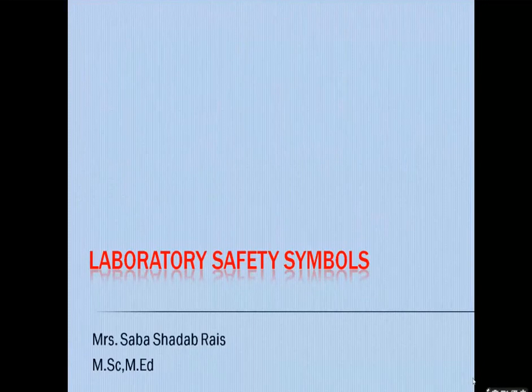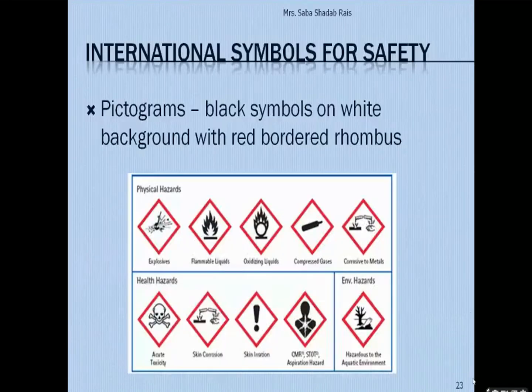In the next lecture we are going to learn in detail what each safety symbol says, so that whenever we enter the laboratory and come in contact with any chemical, we will be aware, oh, this chemical has this symbol, that means this chemical has this type of nature, and I must take this type of precaution. So this particular lecture is very important for you.